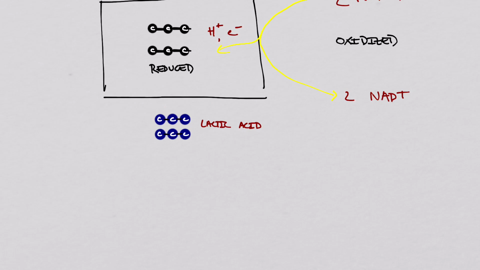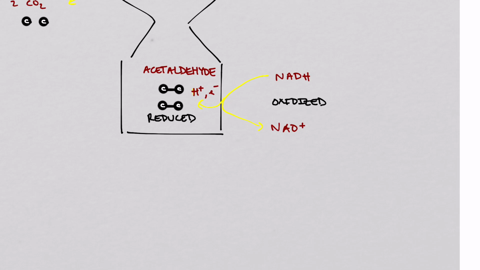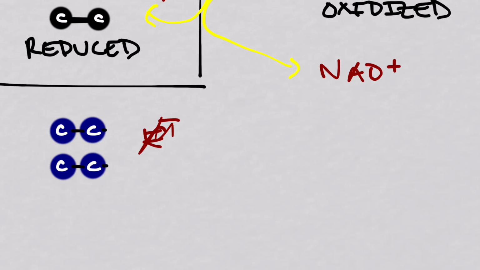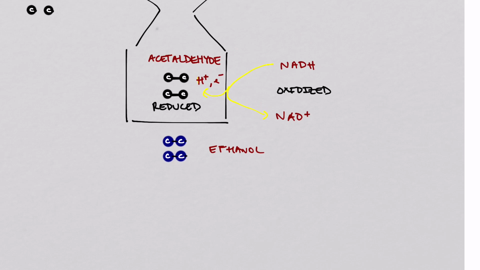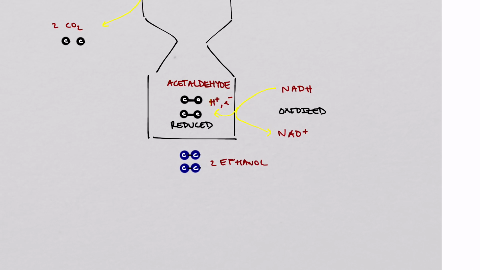I'm just gonna cheat here, grab these, copy. We change the chemical structure when we reduce acetaldehyde, and out pops ethanol. Ethanol or alcohol. So 2 ethanols are the final result of this process.